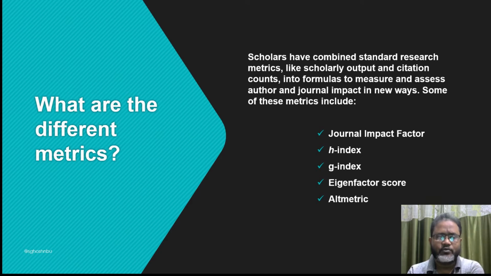If you are a student of physics, who is the most prolific author in India, or in your field in the international scenario? If you can identify that, you can assess the author, or which particular journal is ranked 1.